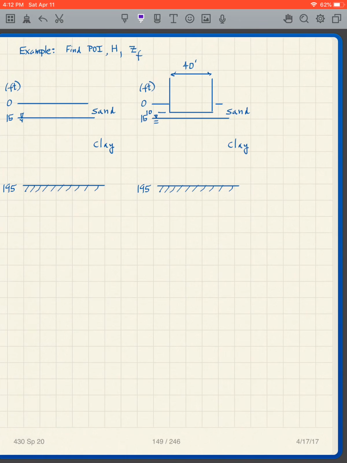This is a little bit of a review, so let's just remember we had to find the point of interest, H and Z sub f, for our building. So why don't you take a moment.